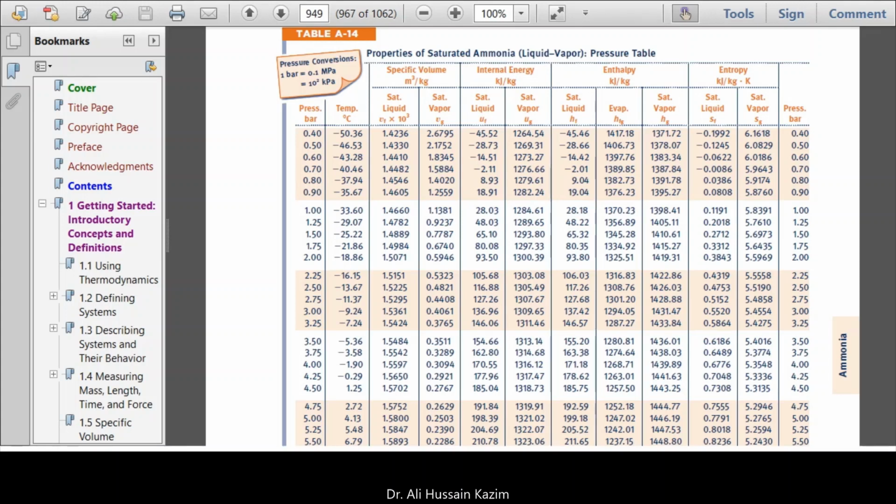Now VF and VG we can obtain from the tables corresponding to the pressure of 3 bar. From the pressure table of ammonia we can obtain VF and VG. The only unknown in this equation is X.